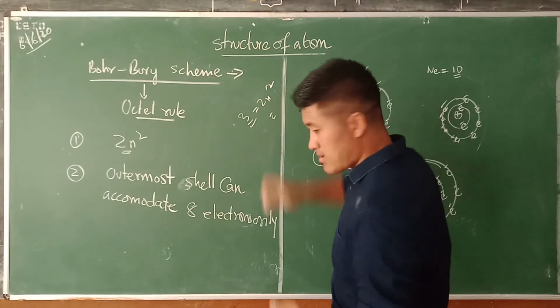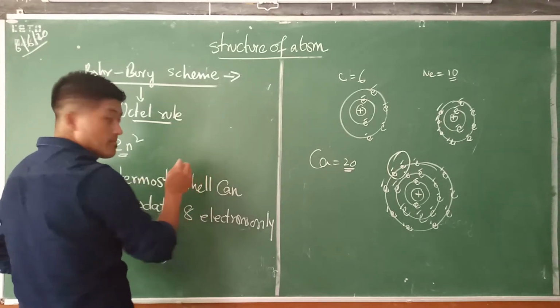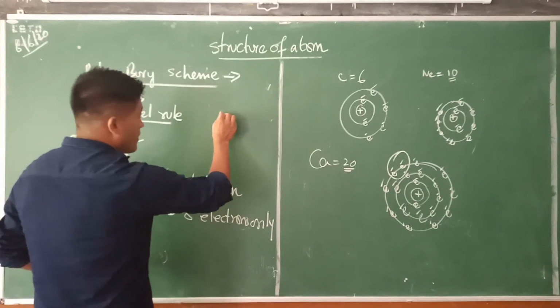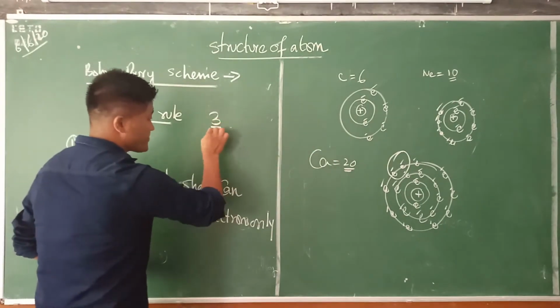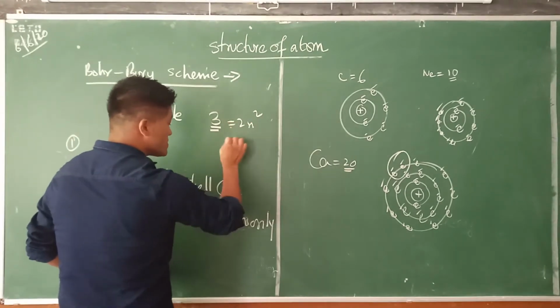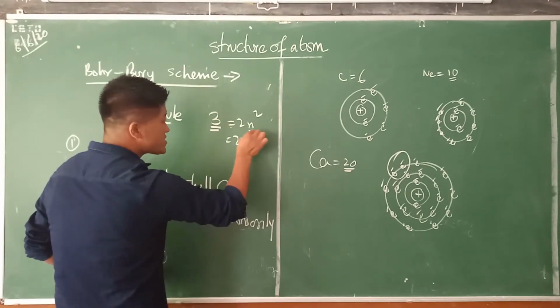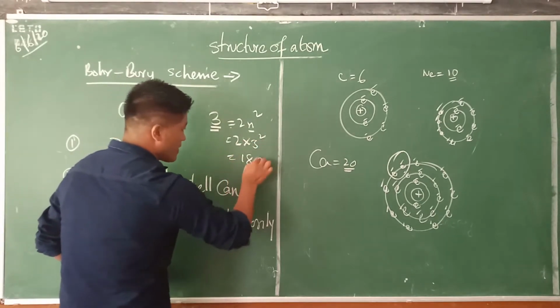the third shell is number 3. So 2n square is equal to 2 into 3 square; 3 threes are 9 and 2 nines are 18.